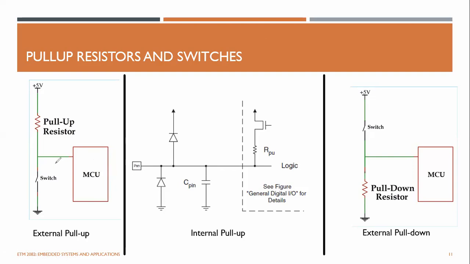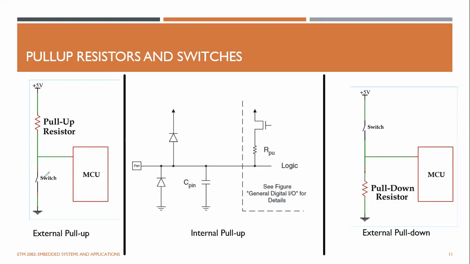So you have to get some data from a user. Someone comes and presses the switch, so the state or the voltage of this pin will change. That is why we're using these switches and pull-up resistors.